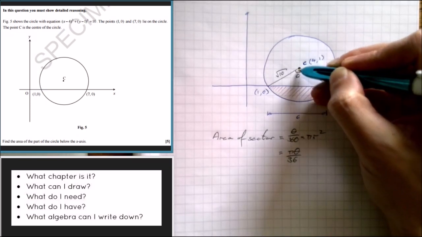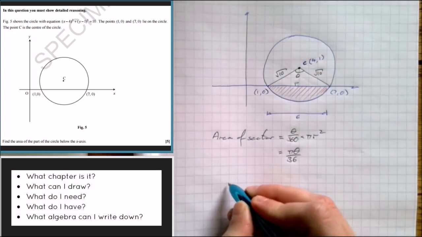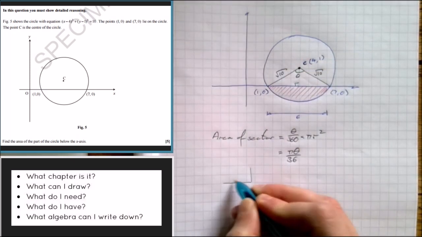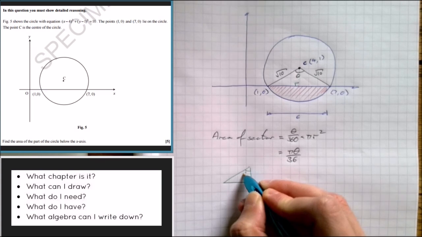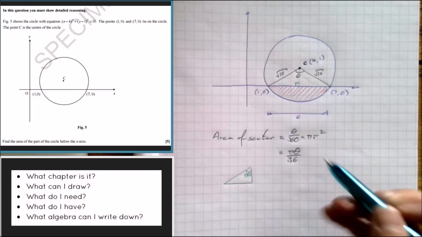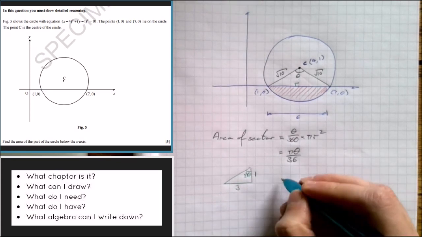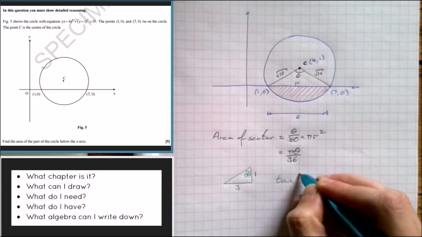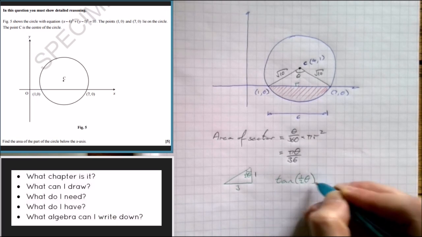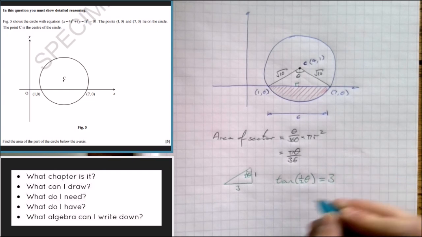I'm going to use a bit of SOHCAHTOA instead. I'm going to use this right angled triangle here. If that is a half theta at the top, this is 3 and this is 1, we have tan of a half theta is opposite over adjacent.